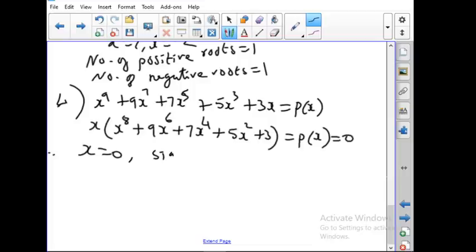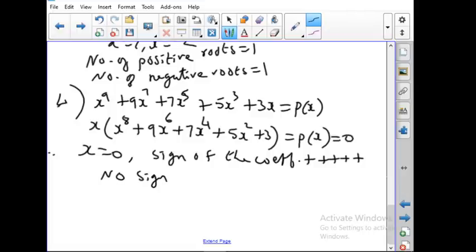Sign of the coefficient: everything is positive here. Plus, plus, plus. Therefore, no sign changes.